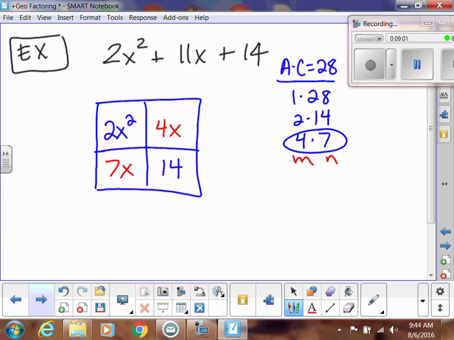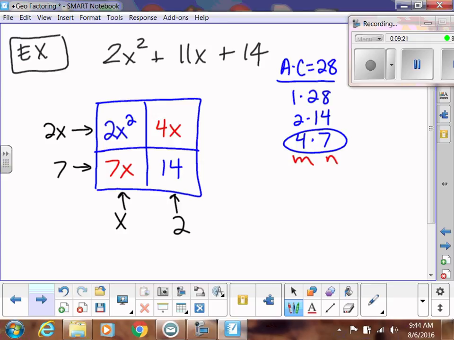All right, so doing the greatest common factors in each row in common. So this first row, top row, that's going to be 2x. Second row is going to be 7. And this first column, that's going to be just plain old x. And the second column, that looks like it's just going to be 2.